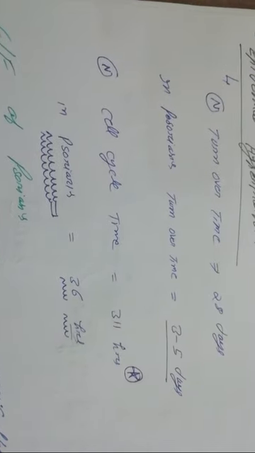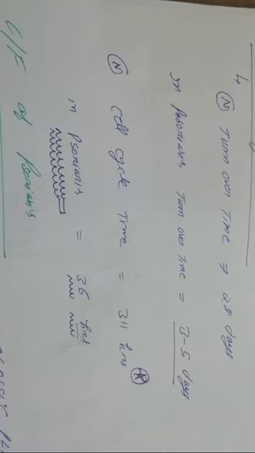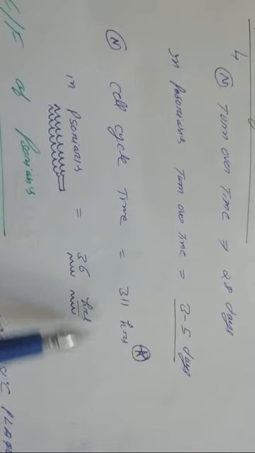The next thing written here is the normal cell cycle. The normal cell cycle is 311 hours, but in psoriasis it is 36 hours. You can look at this, it has reduced so much from 311 hours to 36 hours, so there is an excess of proliferation, hyperproliferation, in a short duration of time.